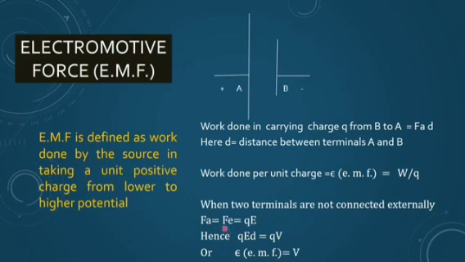In the previous knowledge, we have discussed that electrostatic force is equal to Q into the electric field, because when one plate is positive and the other is negative, the electric field is produced from A to B, while the non-electrostatic force is carrying the charge from the lower terminal to the higher terminal. It means negative to positive.